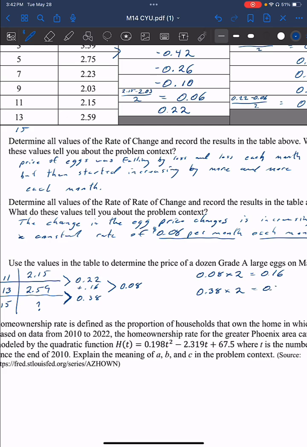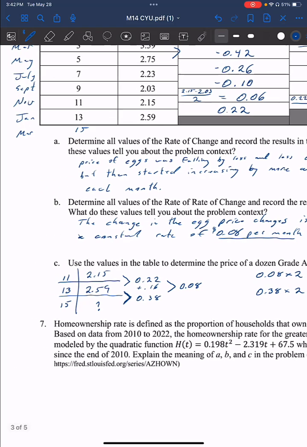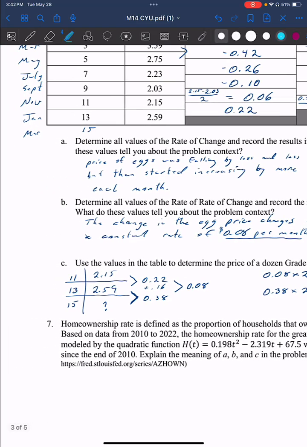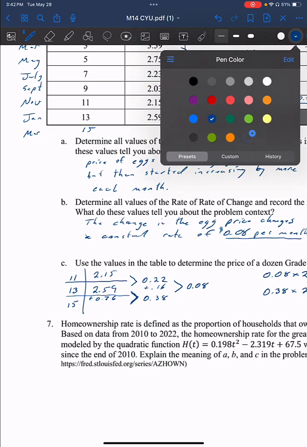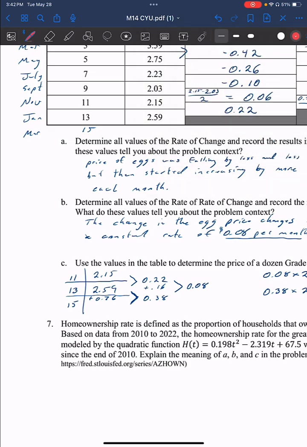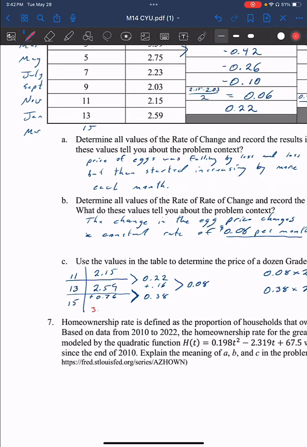That gives me 0.76. So now I go ahead and take the 0.76, that was the increase in the price over the 2-month period, to come up with a new final price of $3.35 on March 1st.